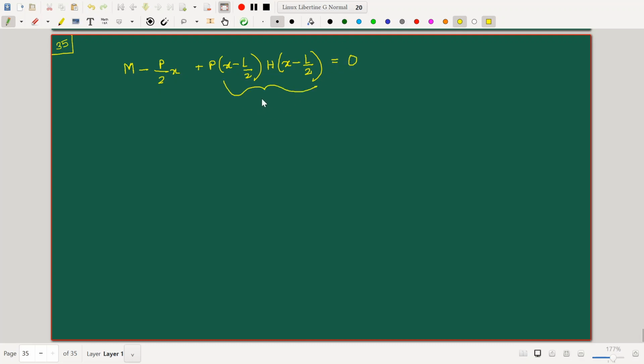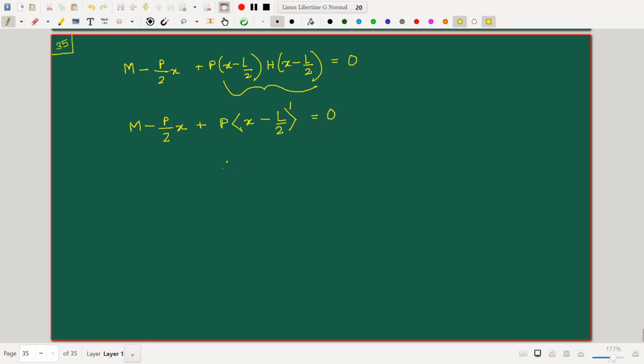This thing I will write with these angular brackets, and conventionally we put a proper index here, which is the power 1.